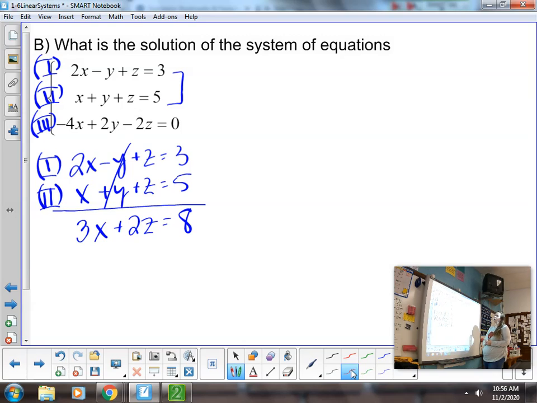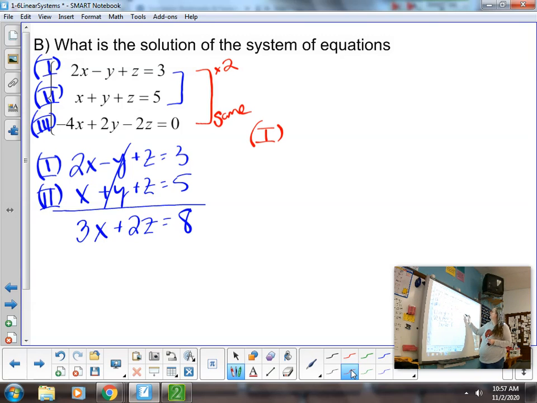So now I need to pick out 2 different equations and eliminate the y. I have to use number 3. I am going to match that one with number 1. So in doing so, I'm going to have to multiply the top equation by 2 because I have a positive 2y down in the bottom. So I want to get a negative 2y up in the top. And then I'm going to keep my equation number 3 the same.